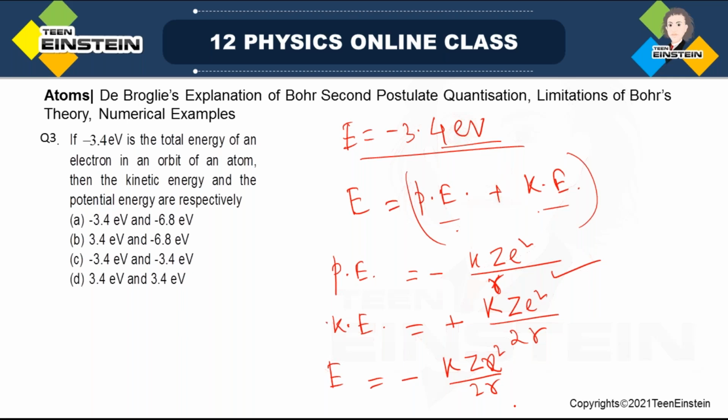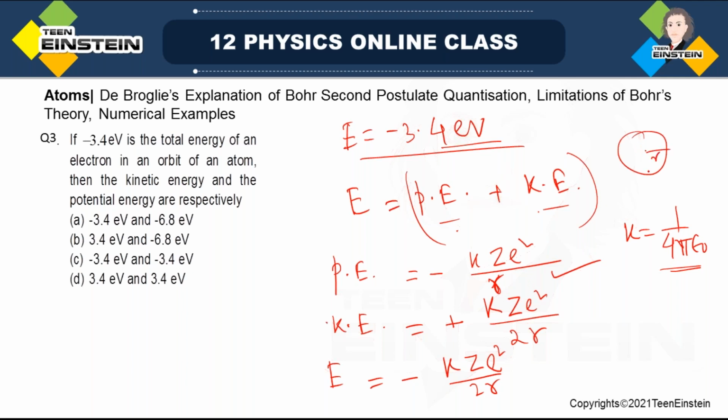Look, these three expressions, I hope you are understanding me. Here k is 1 by 4 pi epsilon naught, so this is k z square by r, the potential energy, if r is the distance from the nucleus to that electron, or radius of the particular orbit.